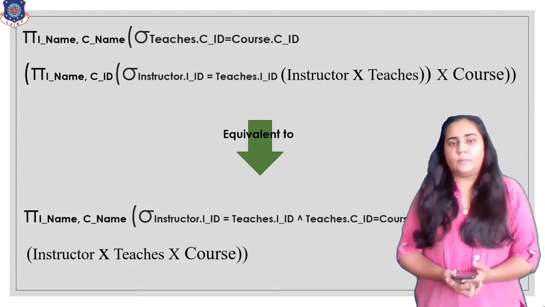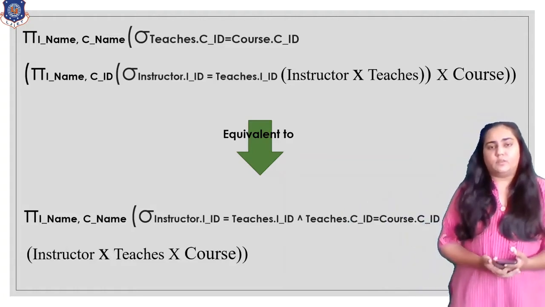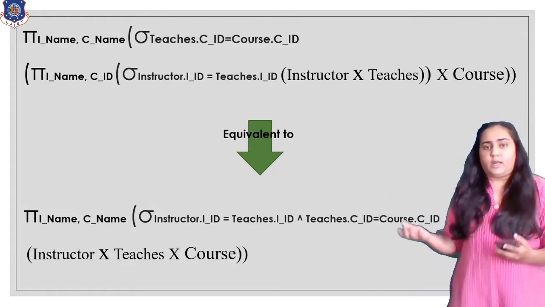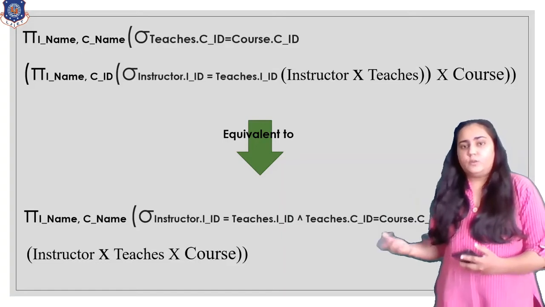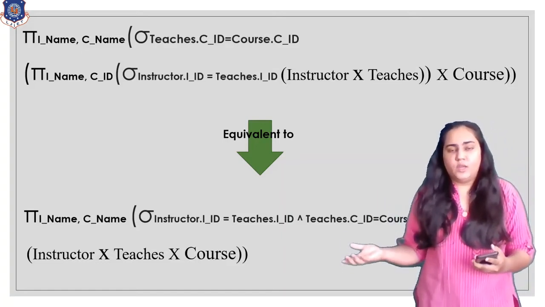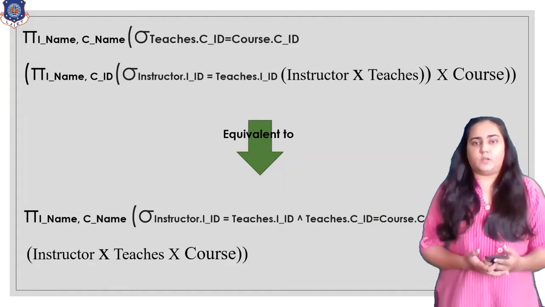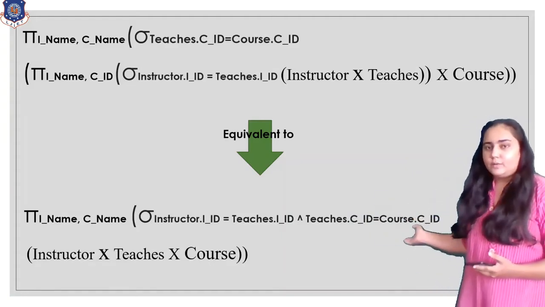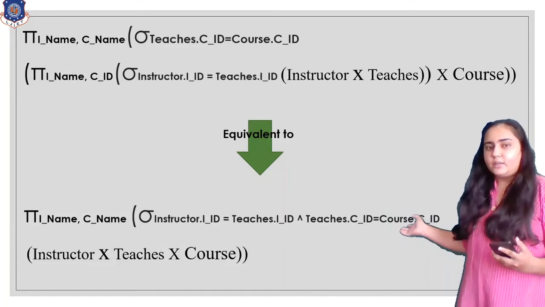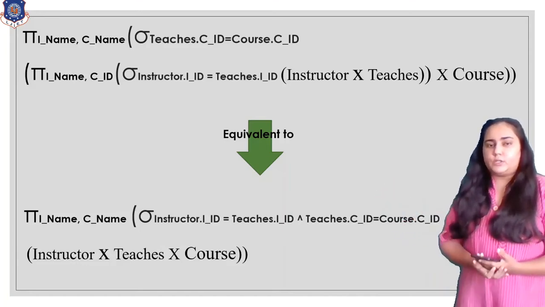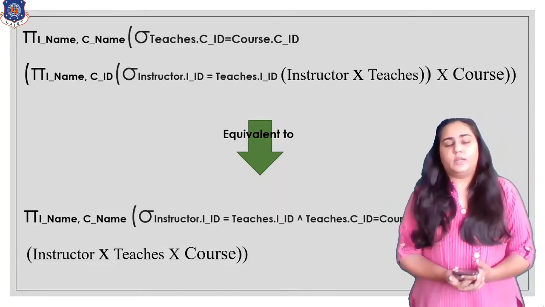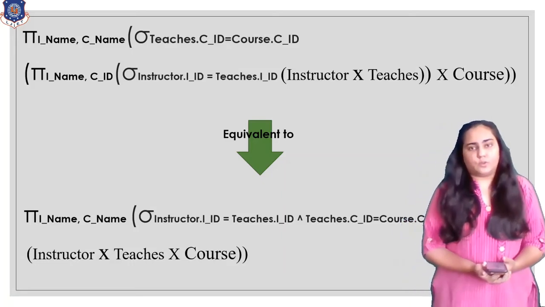We want to match ID of instructor with ID given in teachers. And we also want to match the ID of the course with the course ID given in teachers. So we are doing that. And then we can apply the pi condition and select only names of instructors and names of courses.